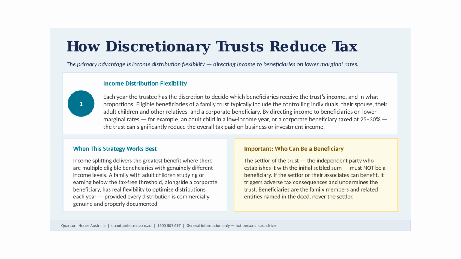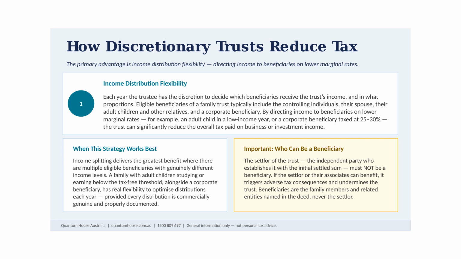The primary advantage is income distribution flexibility. Each year, the trustee has the discretion to decide which beneficiaries receive the trust's income and in what proportions. The eligible beneficiaries of a family trust typically include the controlling individuals, their spouse, their adult children and other relatives, and a corporate beneficiary.